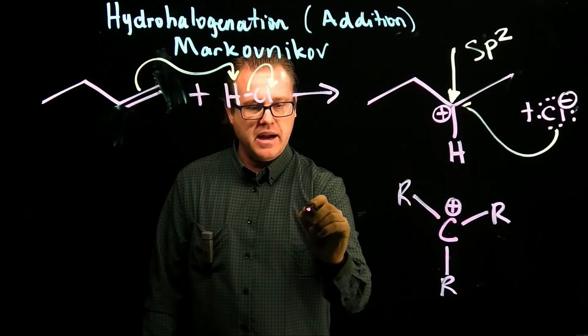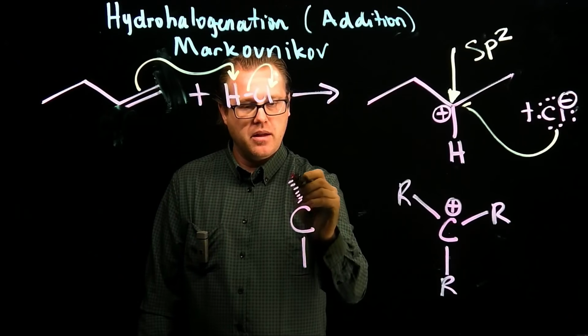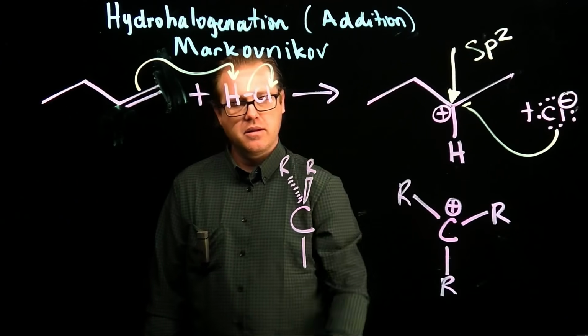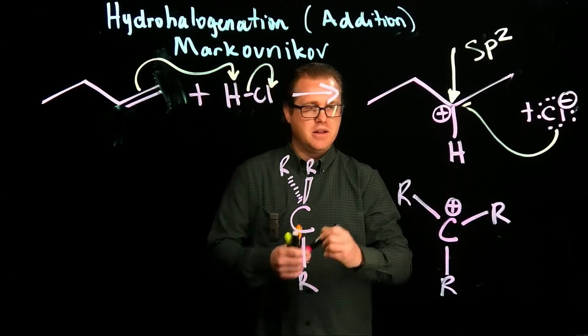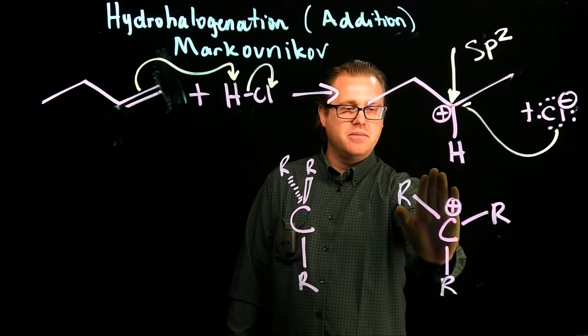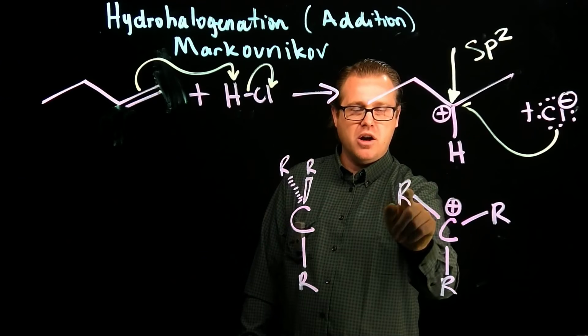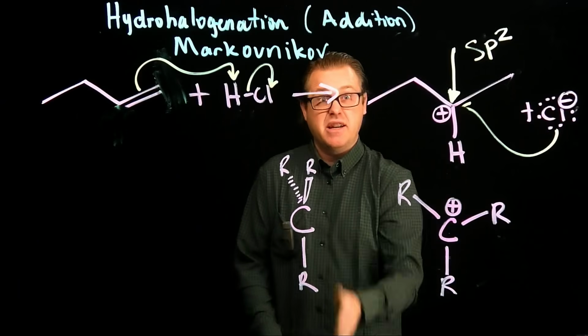So when I rotate it 90 degrees here, what I'm going to get is something that looks like this. And then my R. So I've taken this flat molecule and just rotated it 90 degrees. So now one of these R's is pointing out at me and the other R is pointing into the board. But it's still flat.